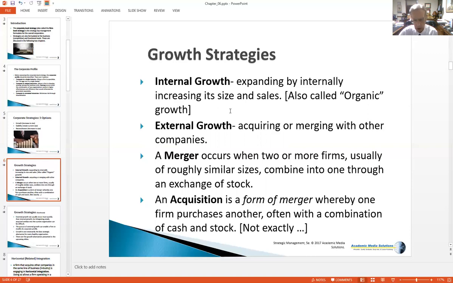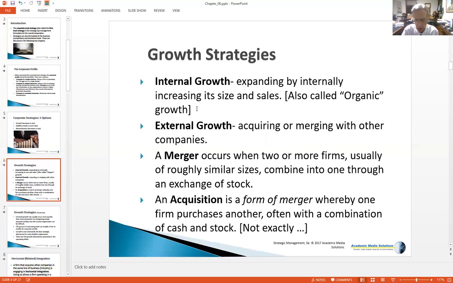Sometimes these comments aren't exactly right, or they need some elaboration, in which case I've added a comment just to finish them off. So the first strategy is usually called organic growth.